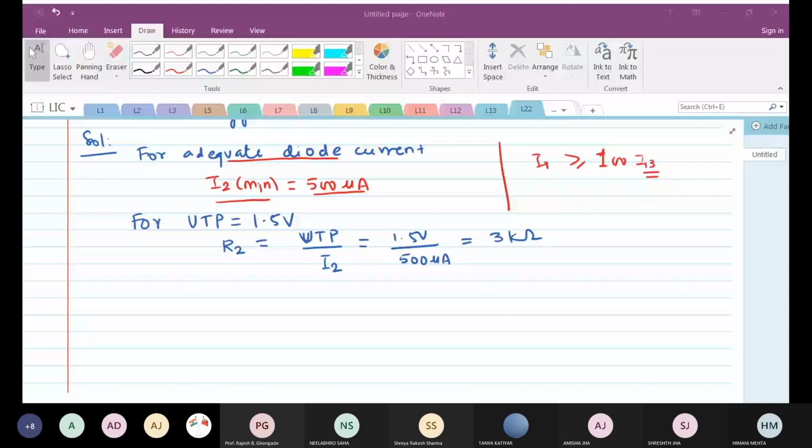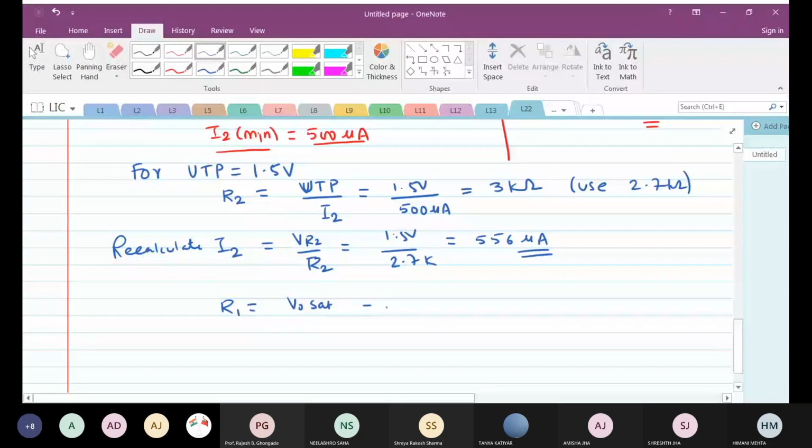Now we can calculate the value of R1 as VO sat minus the forward voltage drop of the diode minus UTP, divided by I2.